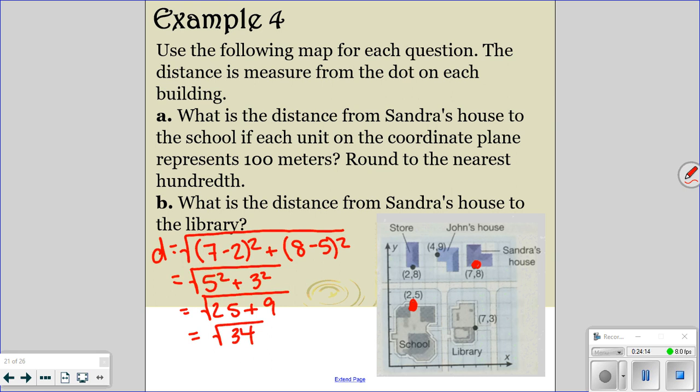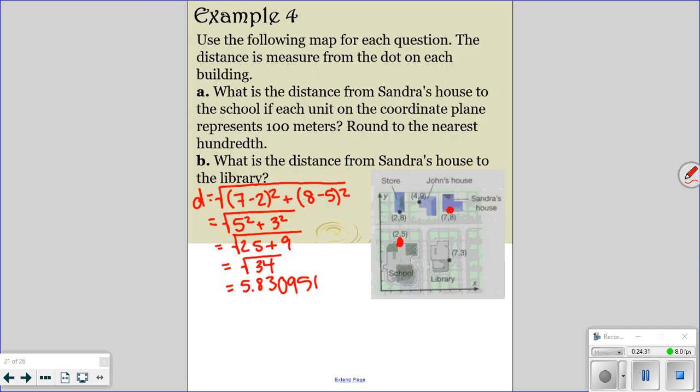We don't know the square root of that, so we have to take the square root of it. So that gives me 5.83, and it keeps going 0, 9, 5, 1. And then it says each unit represents 100 meters. So to get the actual distance between them, we need to multiply this by 100.